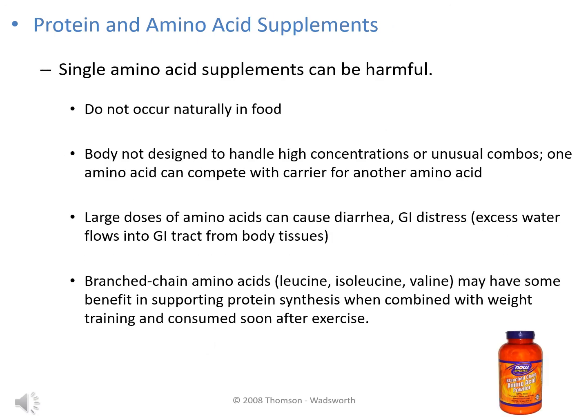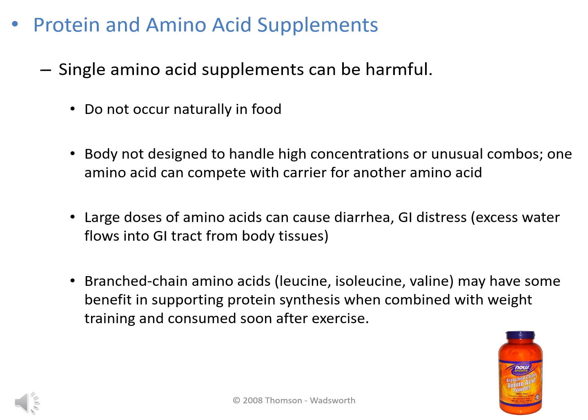Lastly, what about single amino acid supplements? Single amino acids do not occur naturally in foods and have been identified as really having no benefit. The body is not designed to handle high concentrations or unusual combinations of certain amino acids.